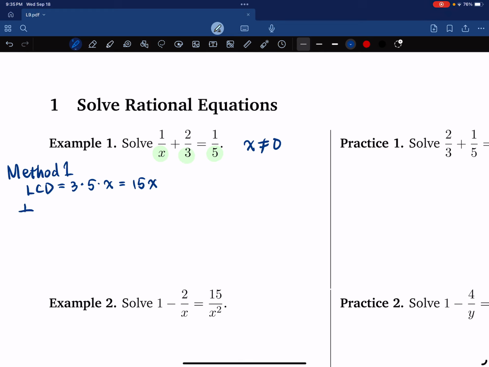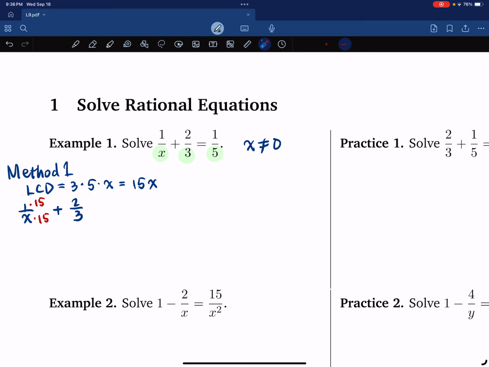Let's write down the first one. For this one, if we need to convert it to the LCD on the bottom, we need to multiply both the top and the bottom by 15. This is the transformation. Next, 2 over 3. And if you compare this to our LCD, it's missing 5 and x, right?